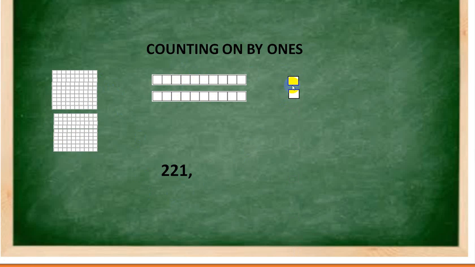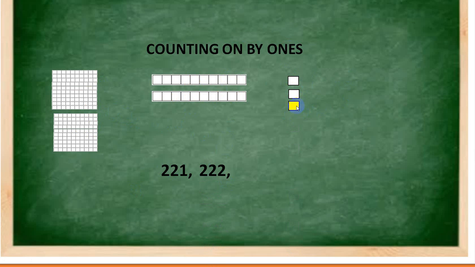If we put one more, the hundreds do not change, still 2, the tens still 2 also, the only difference is the ones. So we have to put one more over it. So now it becomes 222. 2, 2, 2.